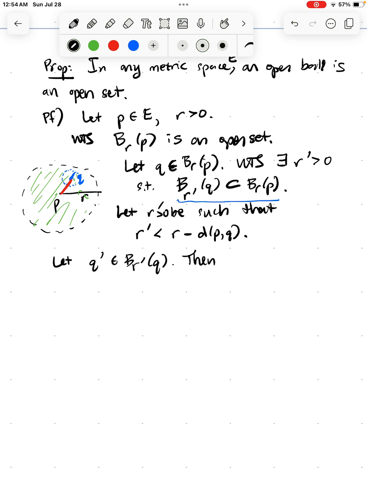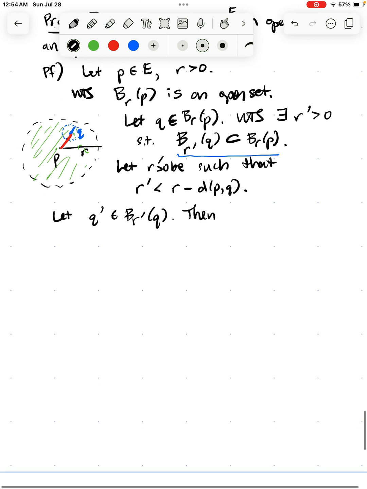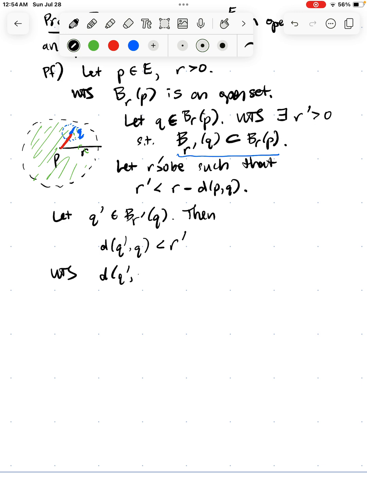Then, well, what does that mean to be in this ball? It means that the distance between Q prime and Q is less than R prime, and we want to show that the distance between Q prime and P is less than R.